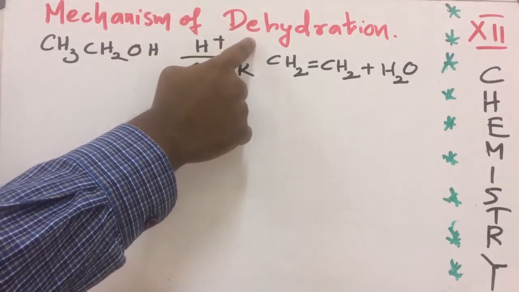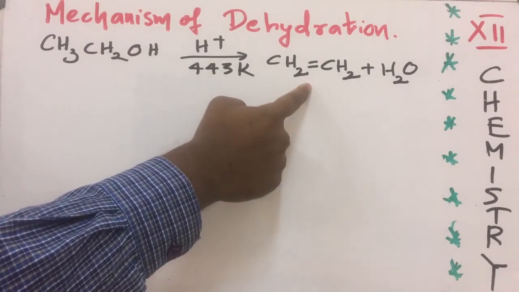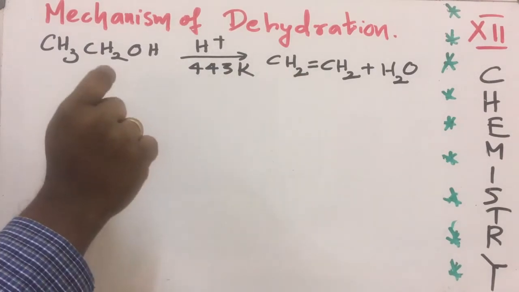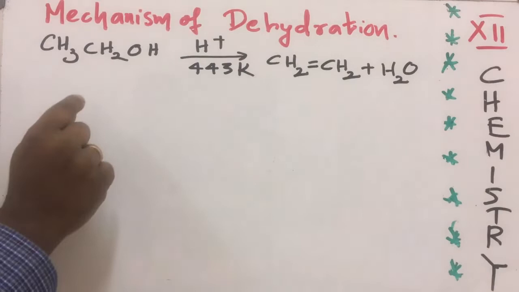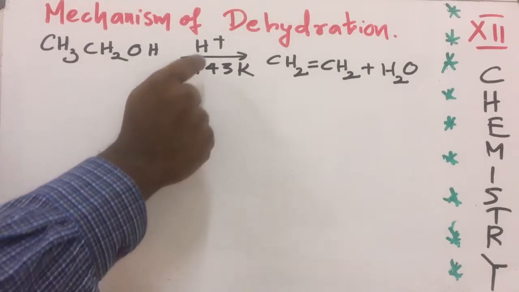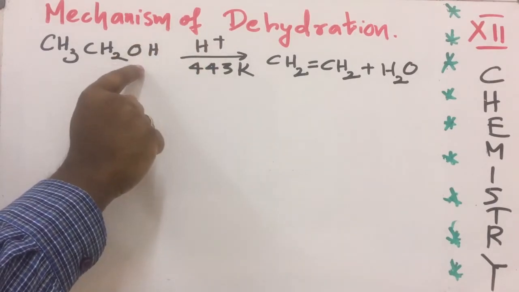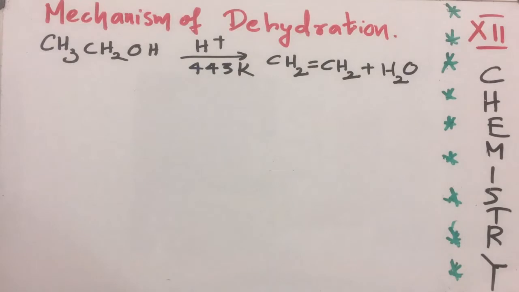The mechanism of dehydration of alcohol to alkene involves mainly 3 steps. From these 3 steps, you will get a clear picture about the role of sulfuric acid and how it removes water from alcohol. Let's see the steps.